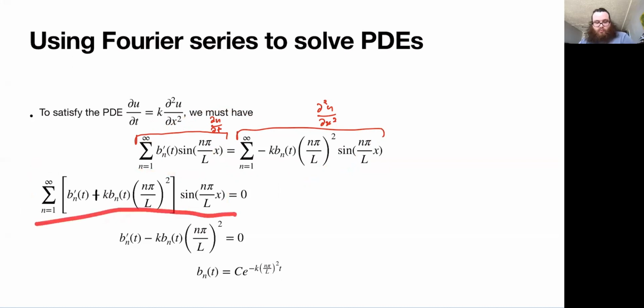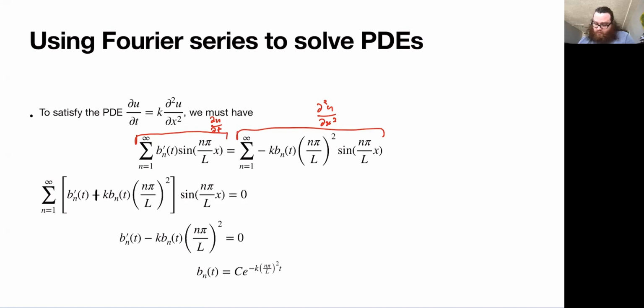Here we have a sine series, some coefficients times sine. And the claim is that this is the sine series representation for the function 0. So if you have a sine series for the function that just gives you 0 everywhere, what should the coefficients be? The coefficients should be 0.